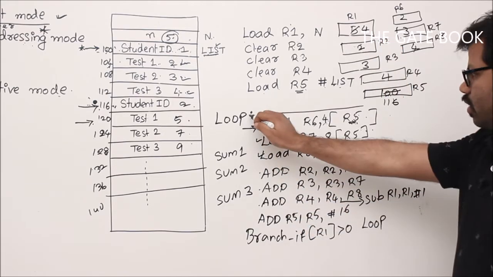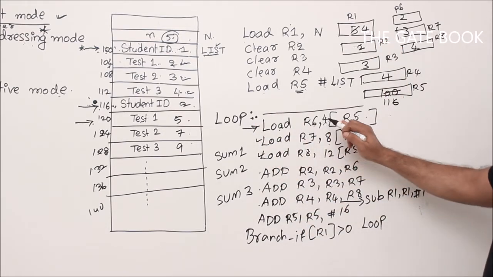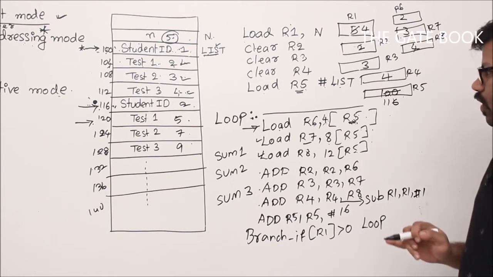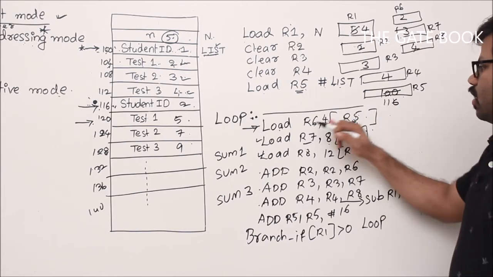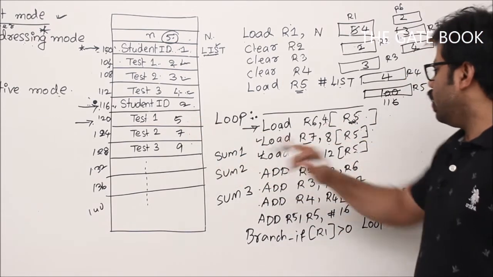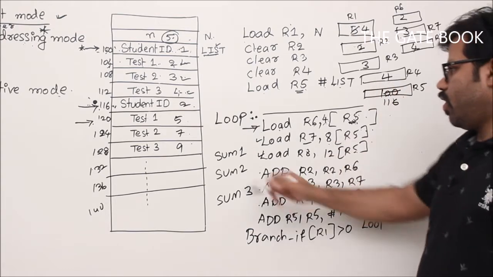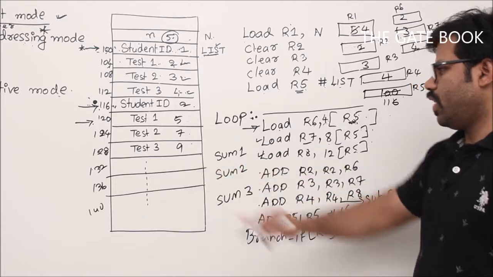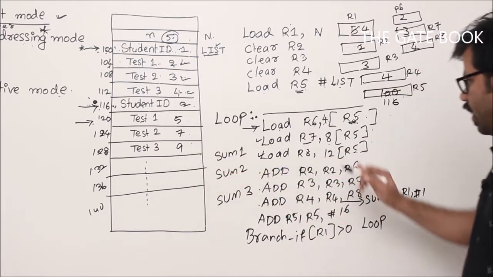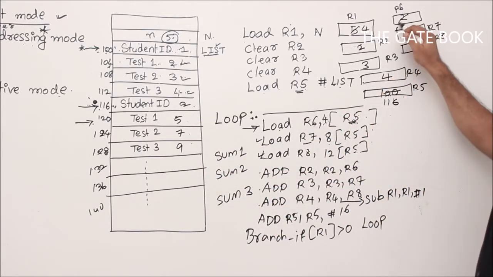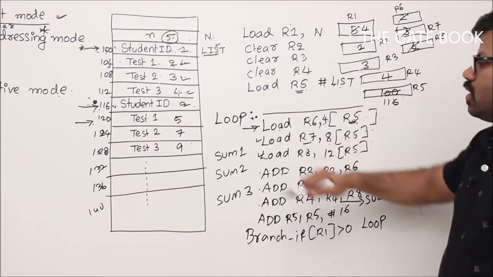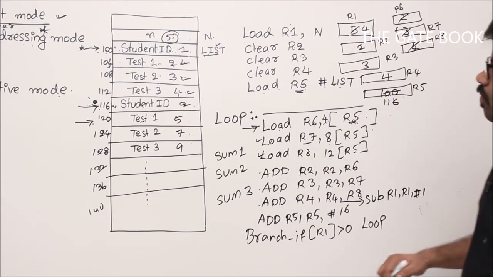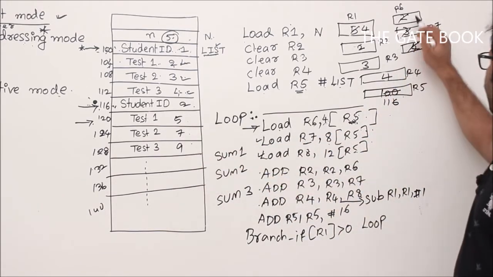Now go back to the loop, load R6 with 4 of R5. This time, what is R5? 116. 116 plus 4, 120. Then 8 plus R5, 124. 12 plus R5, 128. So these 3 things will be taken into R6, R7, R8. So R6, R7, R8 now contain these 3 values. They are 5, 7, 9, right?